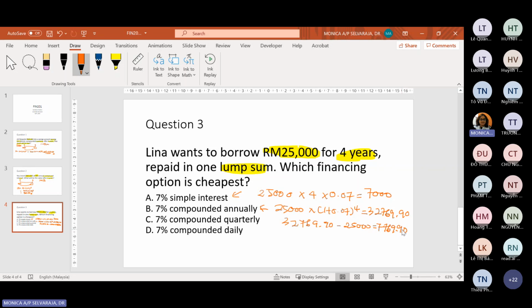This one, quarterly, you divide with 4. Here you multiply with 4. 4 years, or multiply with 4.